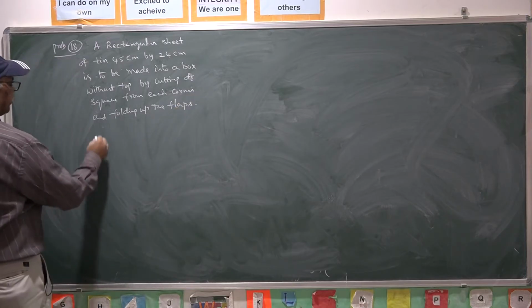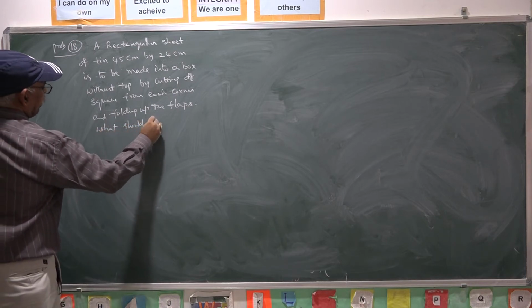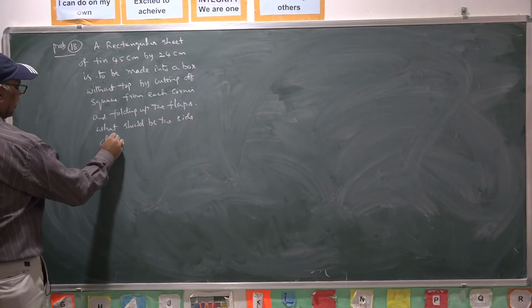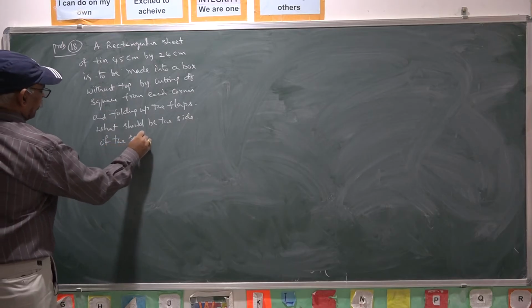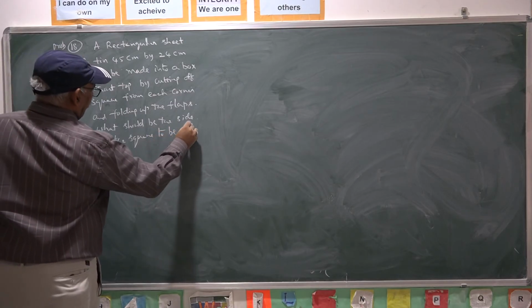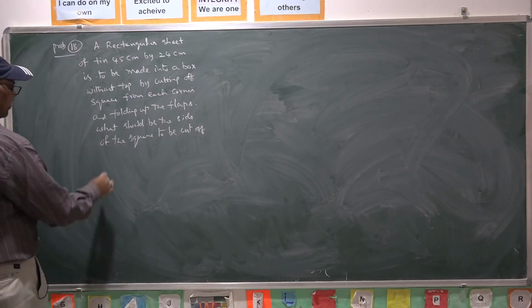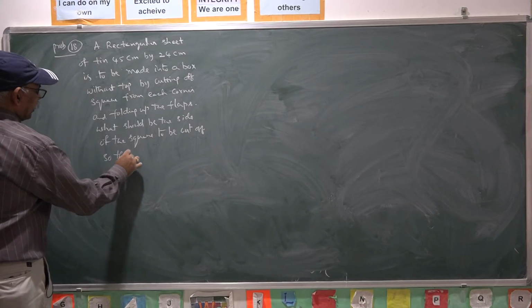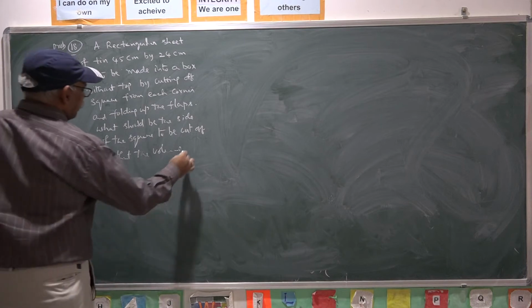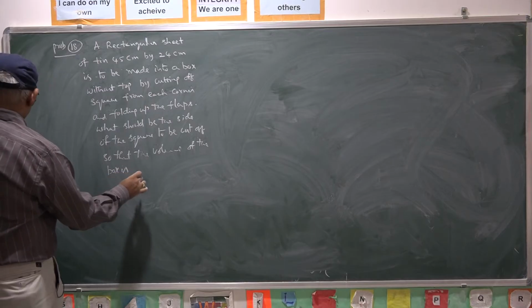What should be the side of the square to be cut off so that the volume of the constructed box is maximum.